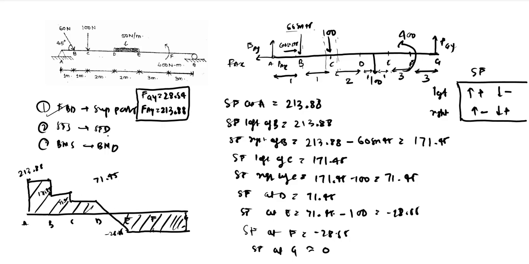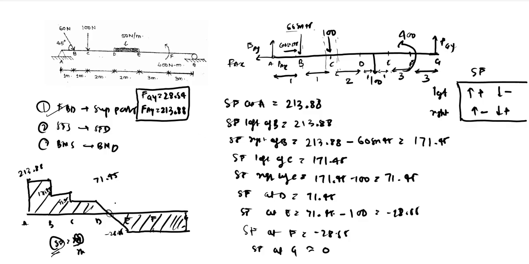That is the point we need to calculate also, because whenever the shear force is zero, the bending moment is maximum, because the shear force is nothing but dM by dx. So whenever the bending moment is maximum or minimum, the shear force should be zero. So we need to consider this point where the shear force is going to zero, because we will calculate the bending moment at that particular point, because we know that it is going to be maximum at that point.